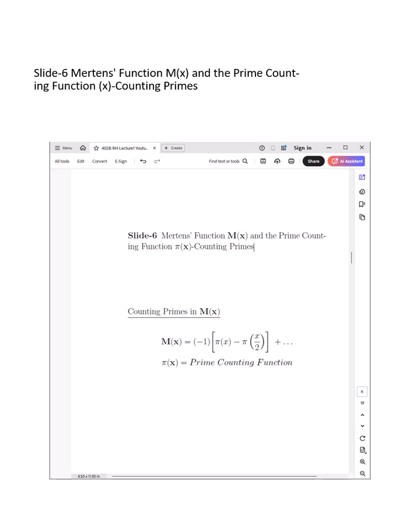We can compute this number by taking the difference between the total number of primes less than or equal to x, which equals pi of x, and the total number of primes less than or equal to x divided by 2, which equals pi of x divided by 2. Multiplying this difference by the mu values of primes of minus 1 gives the first term for m of x, shown on this slide 6.